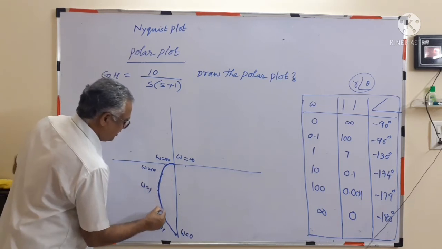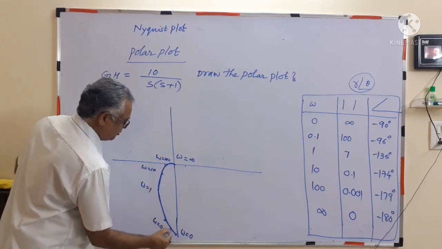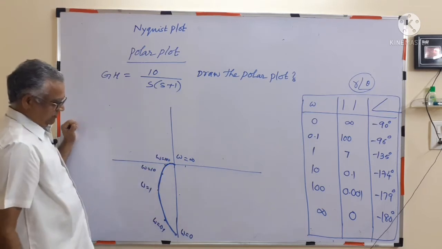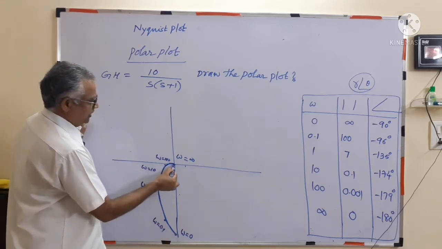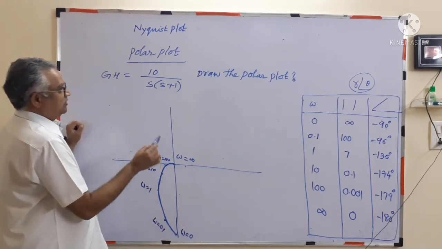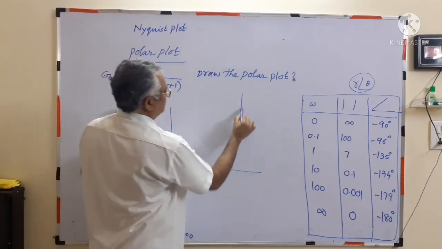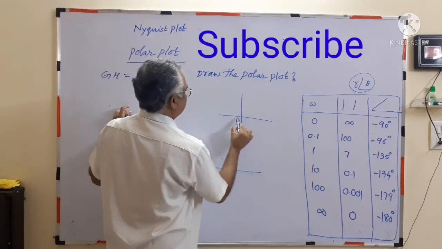this is again like a Nyquist plot only. So 0 to infinite, if you draw the Nyquist plot, we got like this.